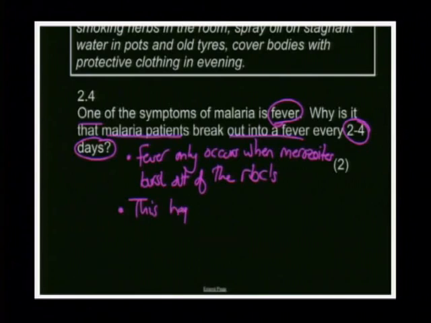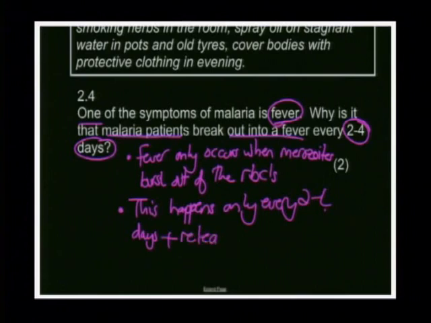This happens only every 2 to 4 days and releases toxins. What do those toxins cause? Those cause the symptoms, which, as we've discussed, the headaches, the chills, etc. Next question.